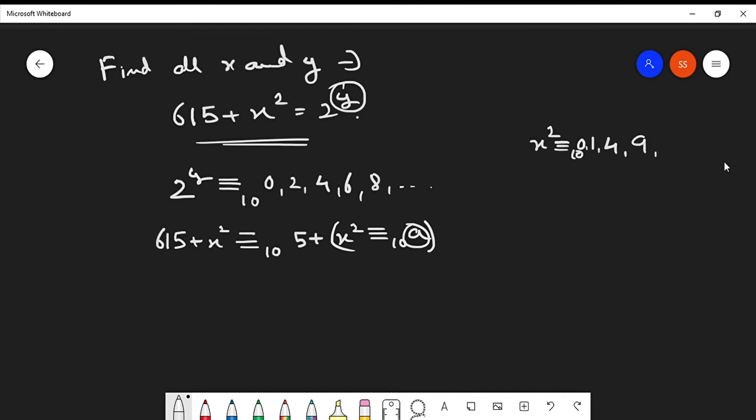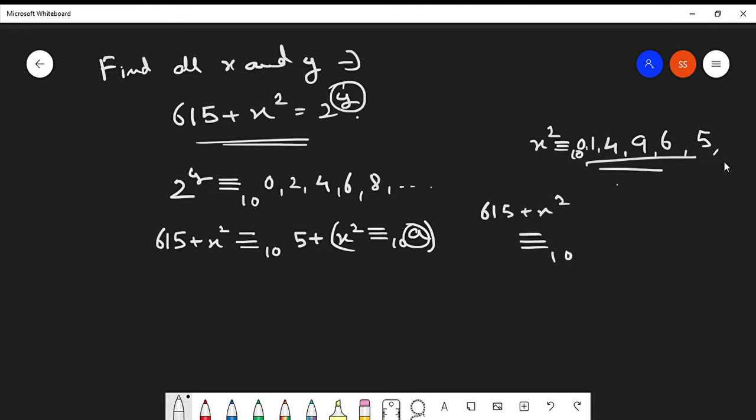We can get 9, 4 square is 16, so 6 we can get, 5 square is 25, so 5 we can get, 7 square is 49, 9 is already written, 6 square is 36, 6 is already written, 81, 1 is already written. So these are the last digits which we can get if we take x square mod 10. Clear? And if we add 5 to it, what do we get?